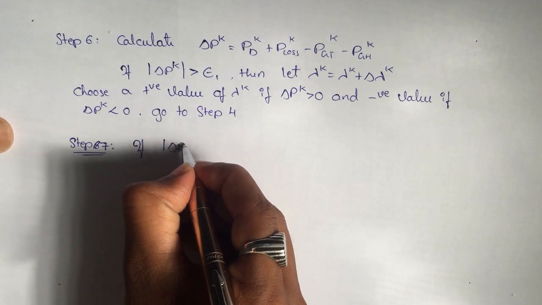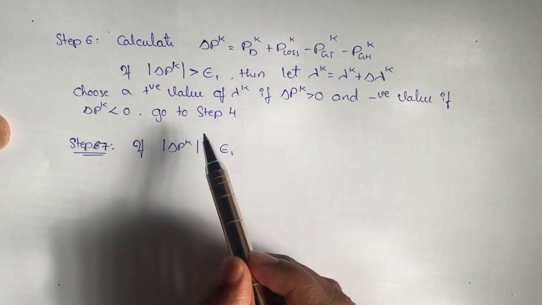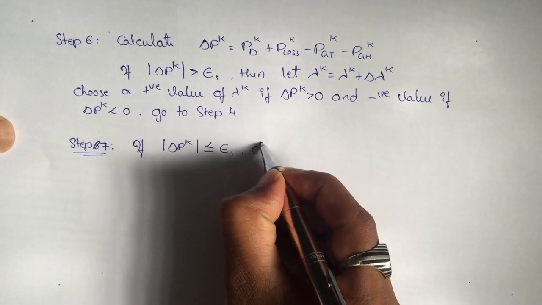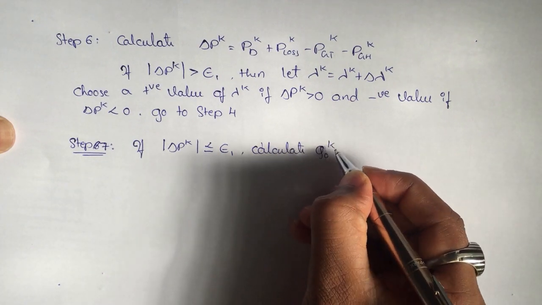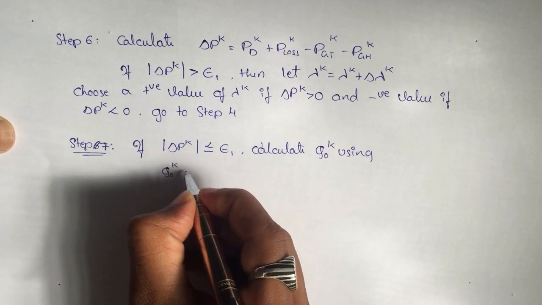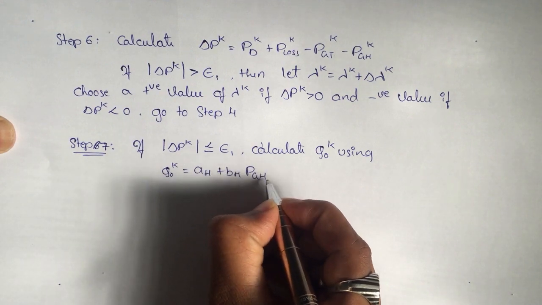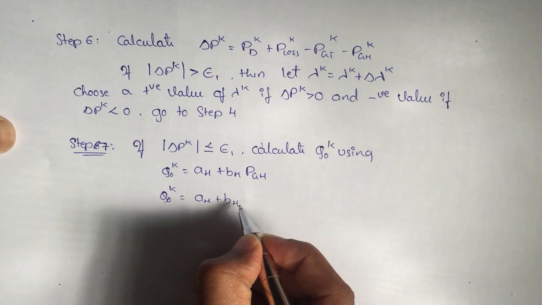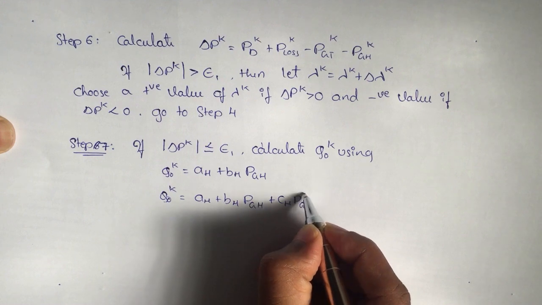If delta Pk is less than or equal to epsilon 1, calculate Q naught k using Q naught k is equal to ah plus bh PGH, and Q naught k is equal to ah plus bh PGH plus ch PGH square.